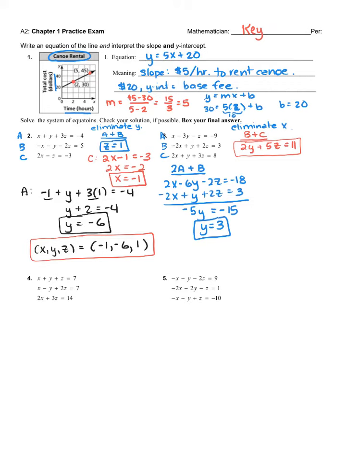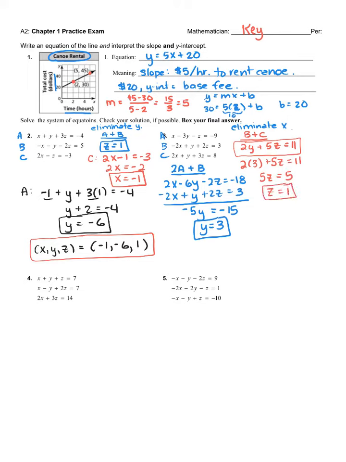Okay, y is 3. I still need to solve for my other variables, but since I have a y up here, I can substitute the fact that y is 3 plus 5z equals 11. So 5z is going to be 11 minus 6, which is 5. So z is 1.